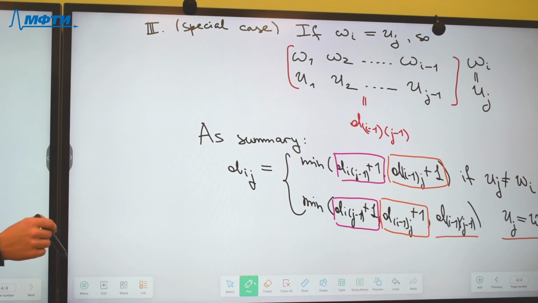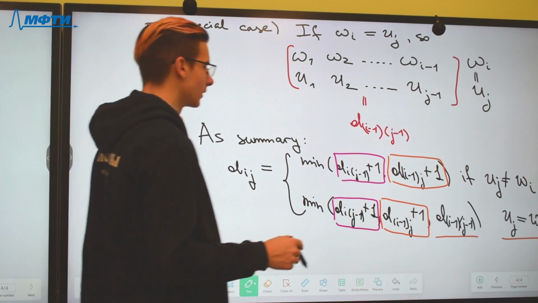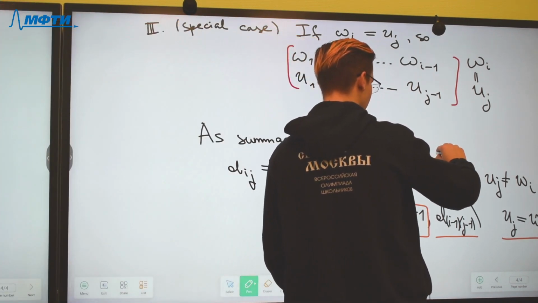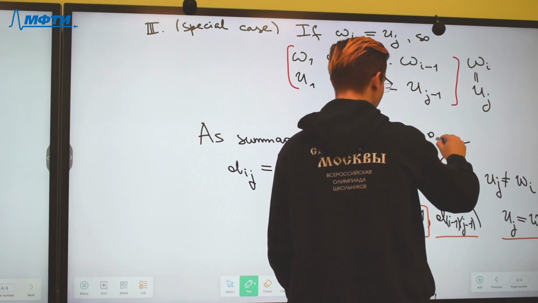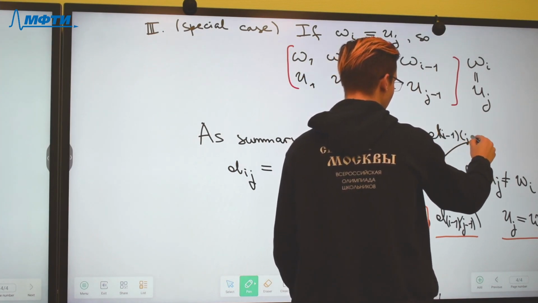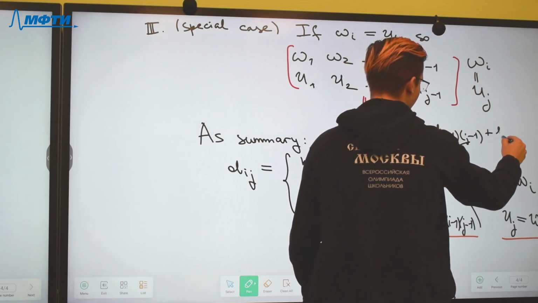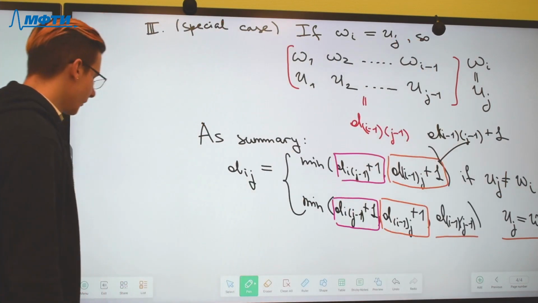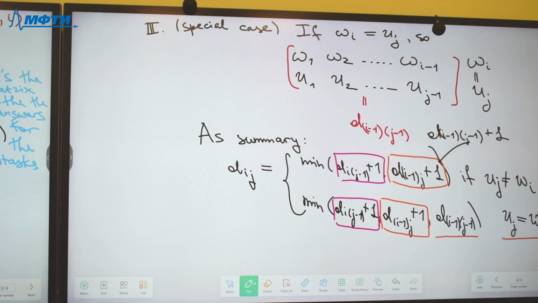If we compare parentheses, we need to understand that, for example, here we need to add D with these indices +1. Because in these two cases, we add empty characters under one character or over one character.